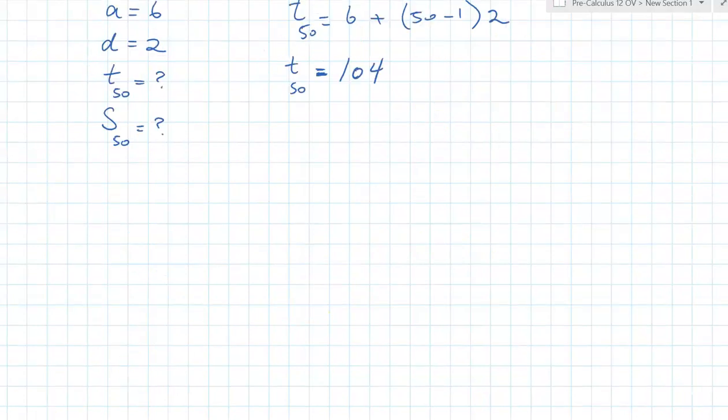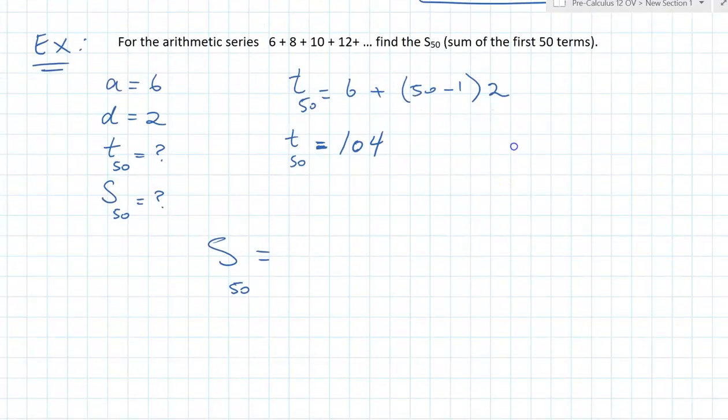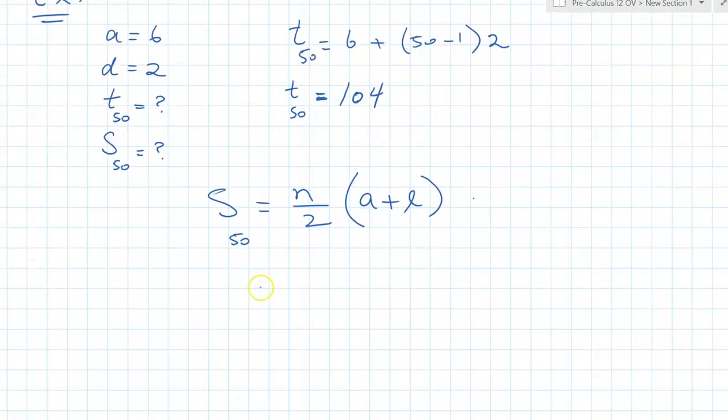So you get T50 equals 104, and now that we have the T50, that is great. Now we can go ahead. So here it is, S50 equals, and we're going to use the sum formula, which is n divided by 2 times the first term plus the last term. So let's plug in numbers.